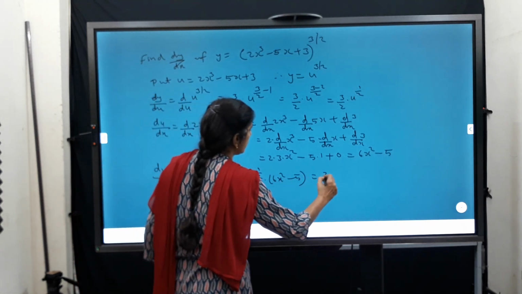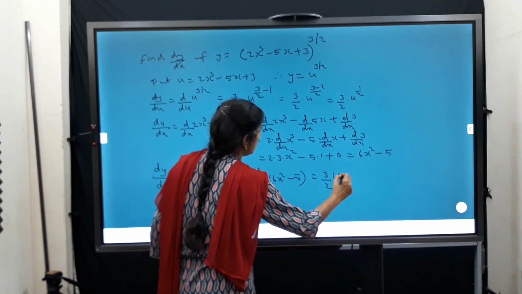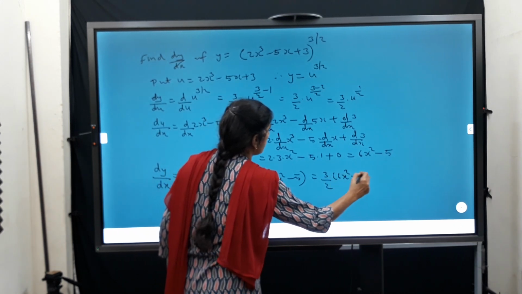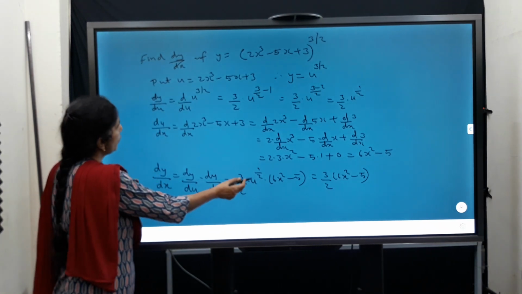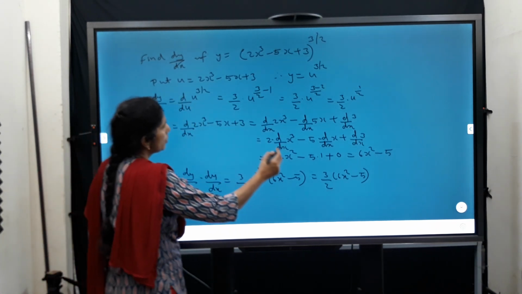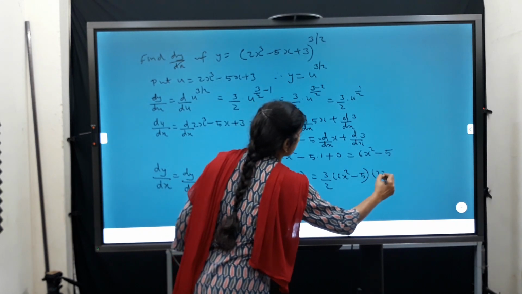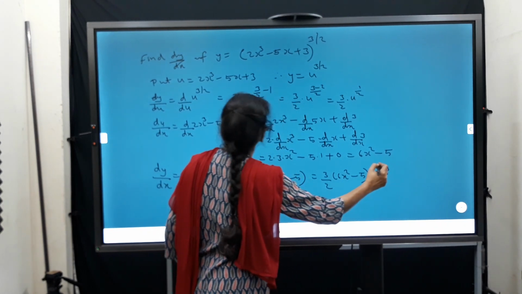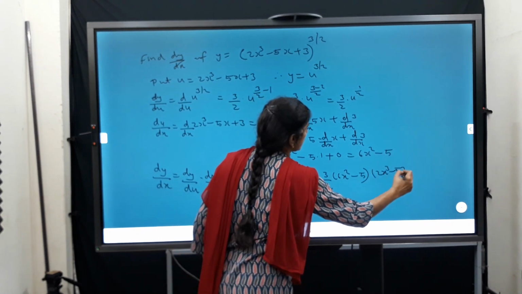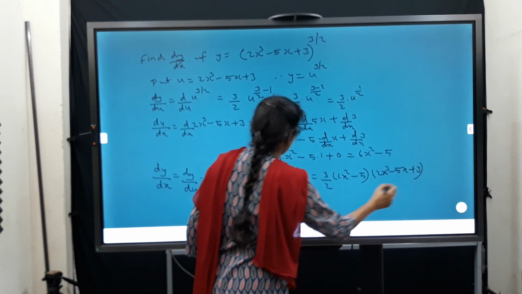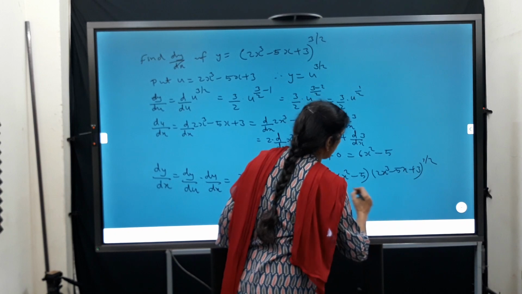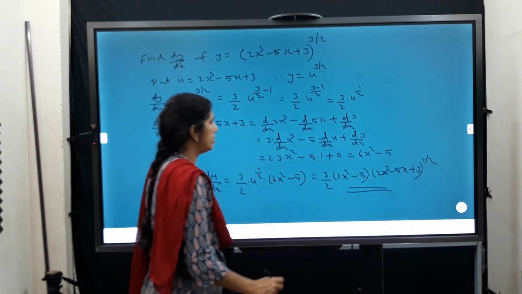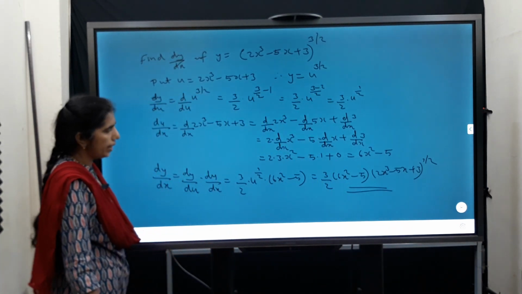That is equal to 3 by 2 into 6x square minus 5 into, finally substitute the value of u. Our u is 2x cube minus 5x plus 3 raised to 1 by 2. So this is our dy by dx.